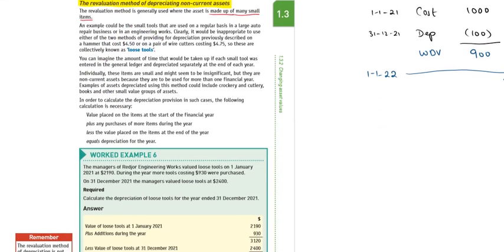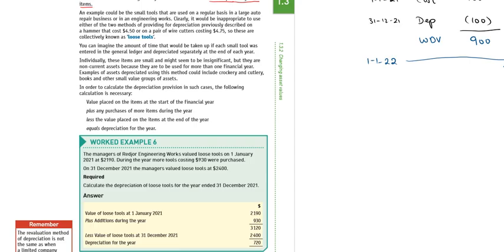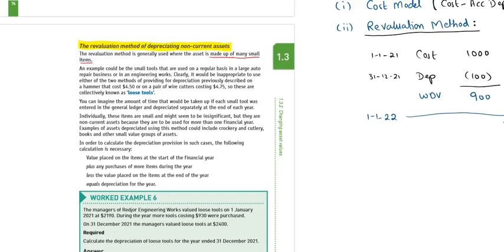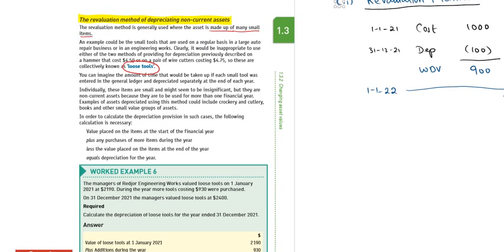So how to calculate depreciation related to loose tools? Loose tools means we purchase assets having a small amount. So how can we depreciate that asset?